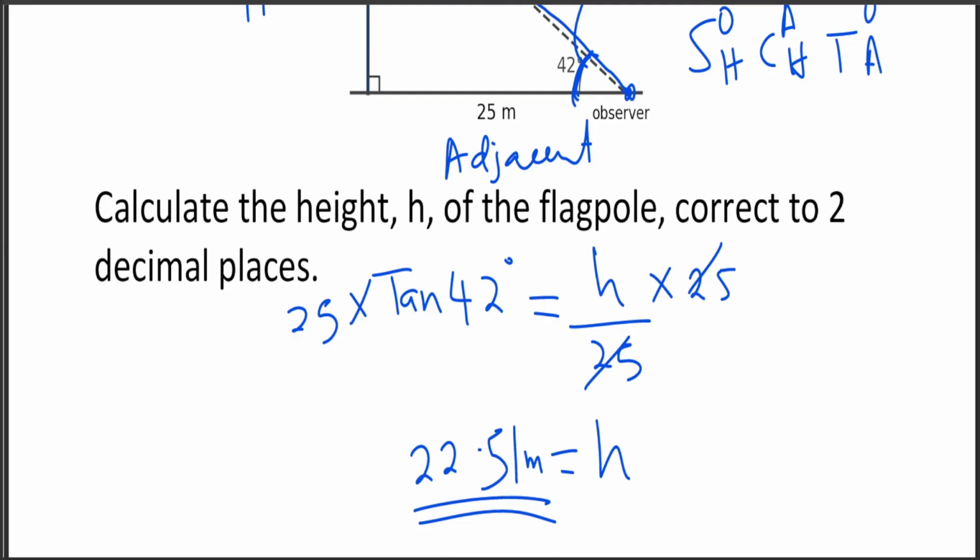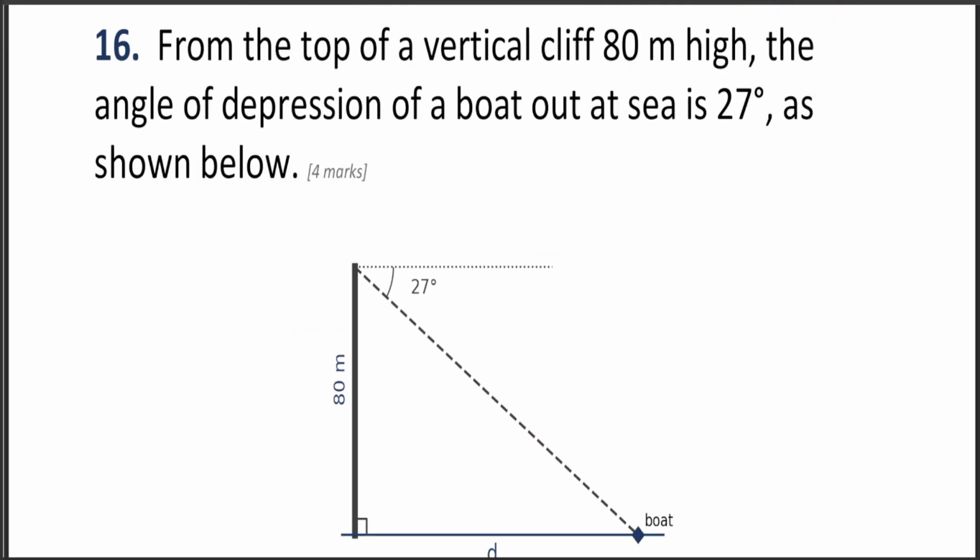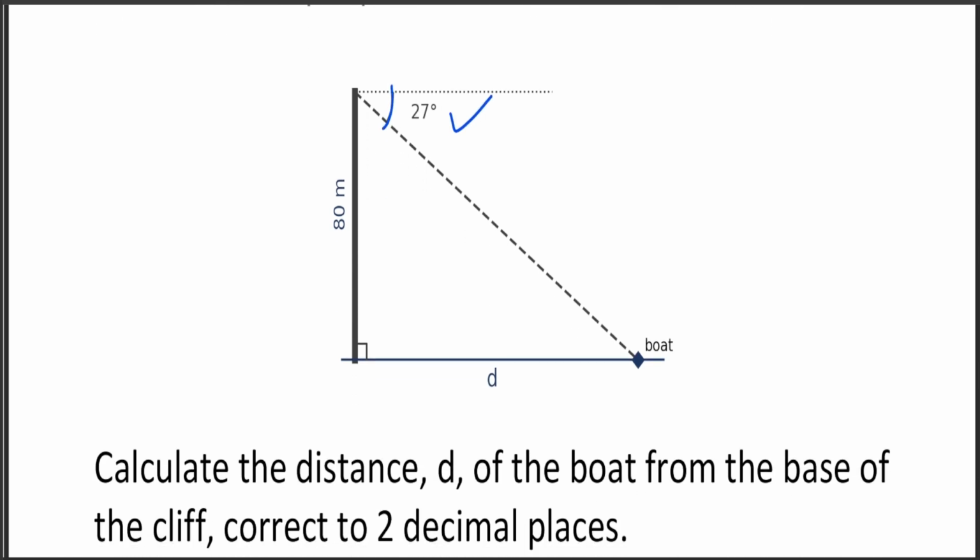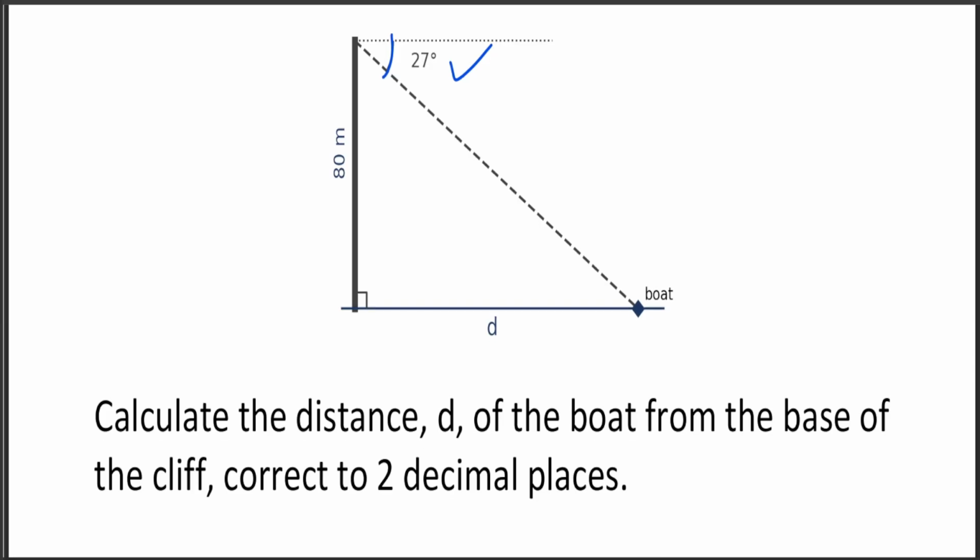Easy peasy lemon squeezy. Another question: from the top of a vertical cliff 80 meters high, the angle of depression of a boat out at sea is 27 degrees as shown below. Those are 4 marks. The question says calculate the distance d of the boat from the base of the cliff correct to 2 decimal places as well. So this is your angle of depression.